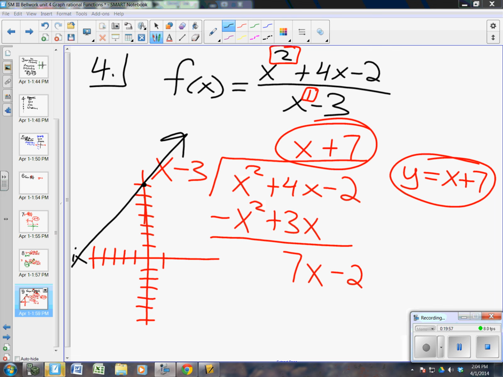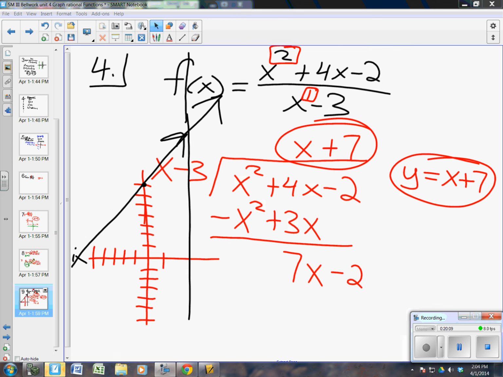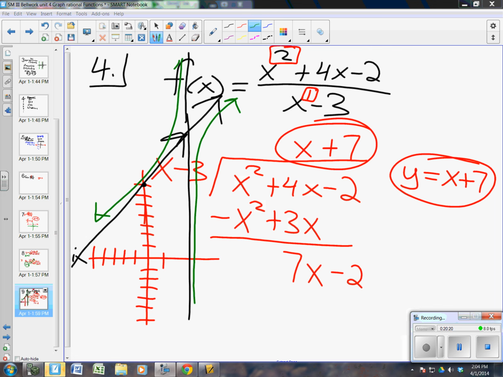And if you also have a vertical asymptote about right here at 3, I don't know which way the graph goes. I don't know if it's between this part and this part or the left and right part, but let's say it's the left and right part. It would look something like this. You can graph it in your calculator to see, but that's what it would look like. Or it might be this blue part right here, between there.